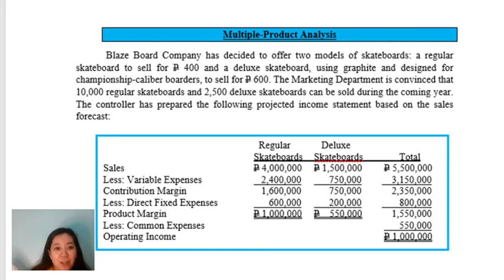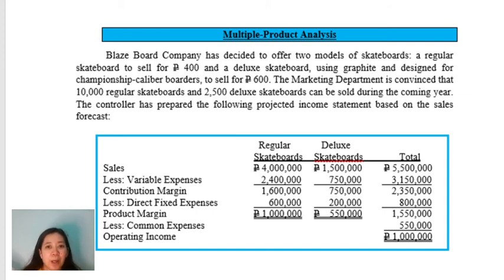To understand better, we will again use the board company example. Blaze Board Company decided to offer two models of skateboards. We have regular skateboards that sell for 400 and the other one is a deluxe skateboard with specialized features that sells for 600 pesos.